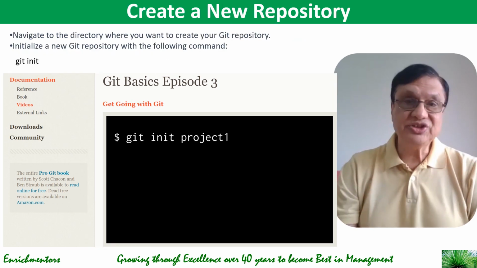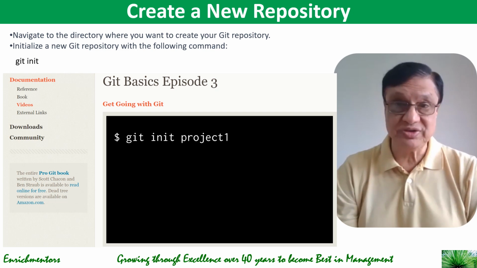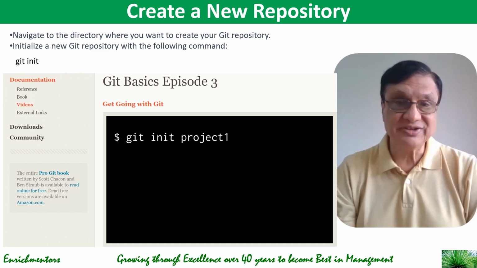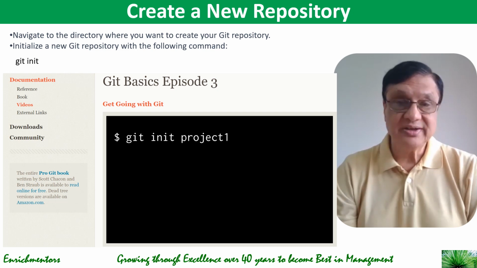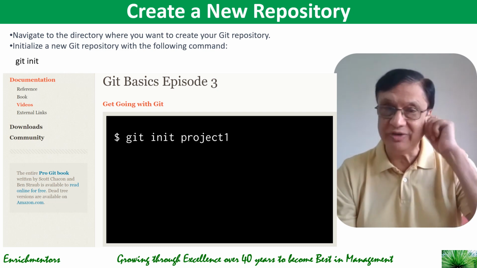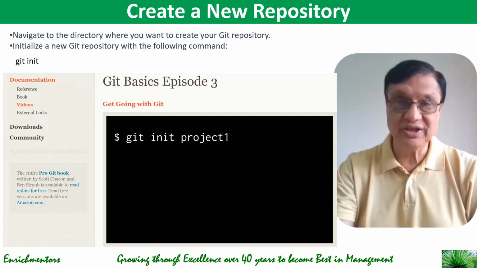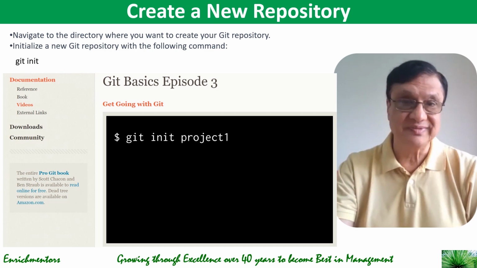Having done the configuration, you can navigate to the directory where you want to create your Git repository and initialize it with a very simple command, as you see here: git init followed by your project name. It could be my project, it could be project one, whatever name you want to give for your project, you can give it here. And that will create the new repository on the Git system.